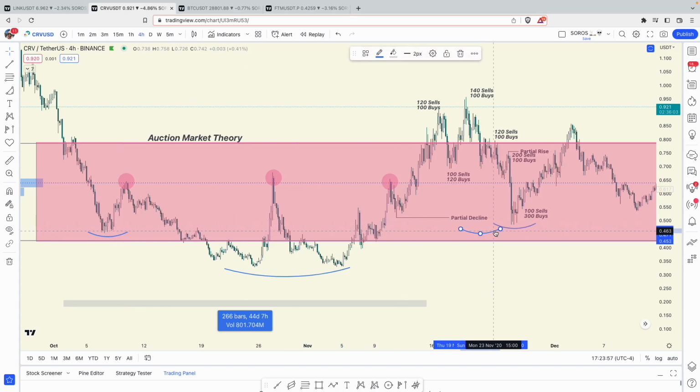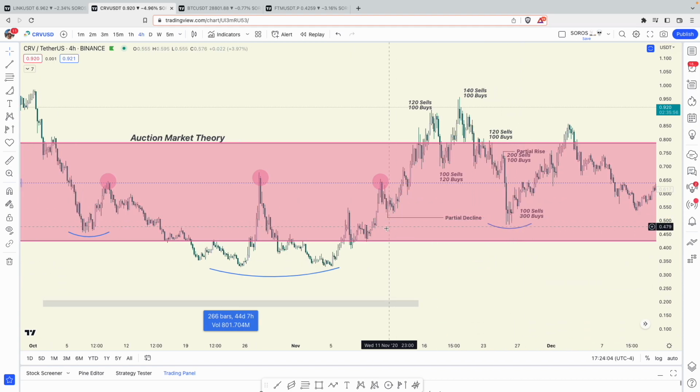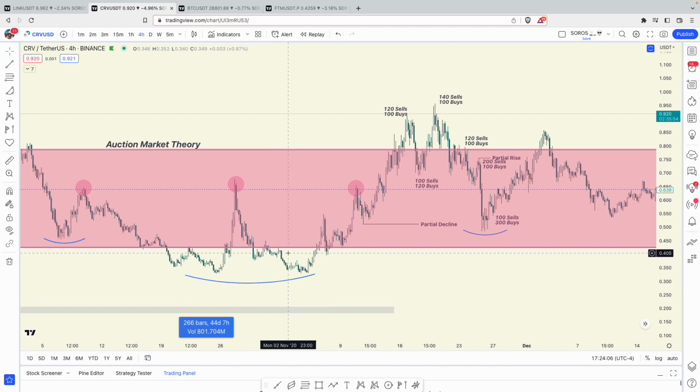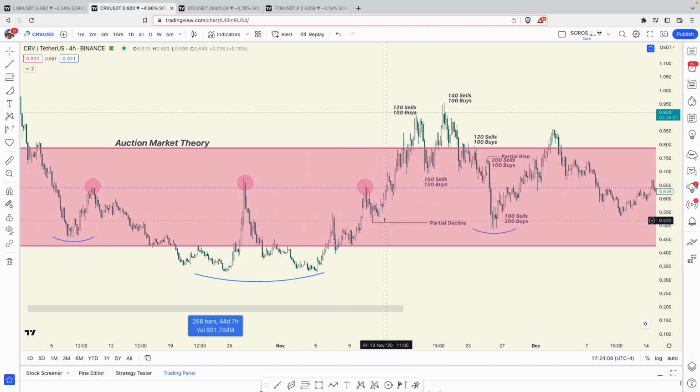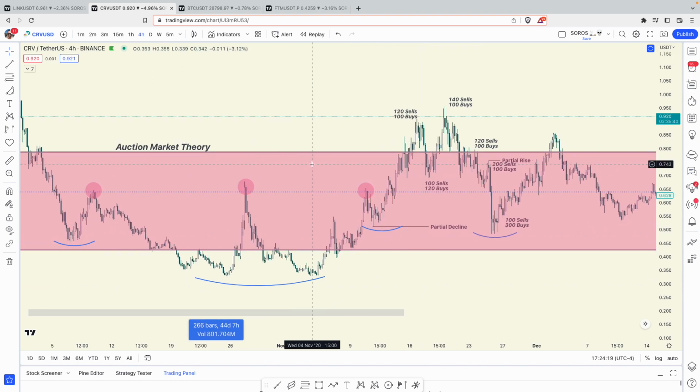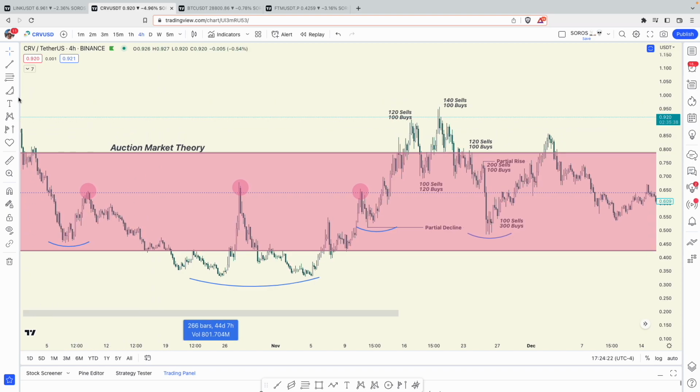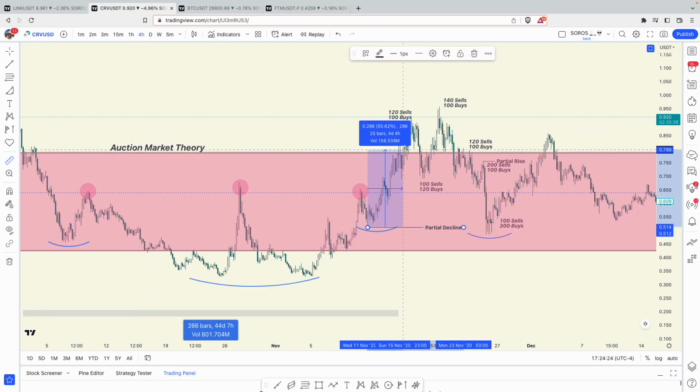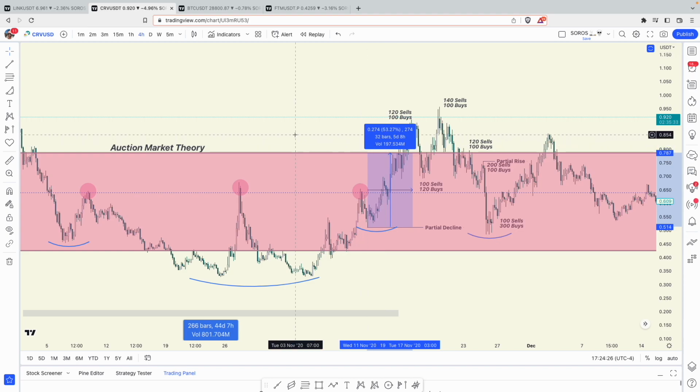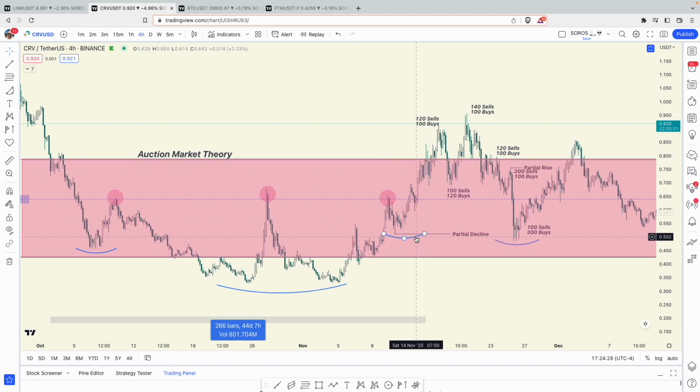And then you have your higher low over here. Actually, this would be your partial decline. You could call it this too. It's not as clean, but the idea was this would be a reclaim of this microstructure right here, and that would be your momentum shifting structure on the partial decline. And if it holds, then you could position for a long over here to the value area high, 53%. So that's the way you would play that.